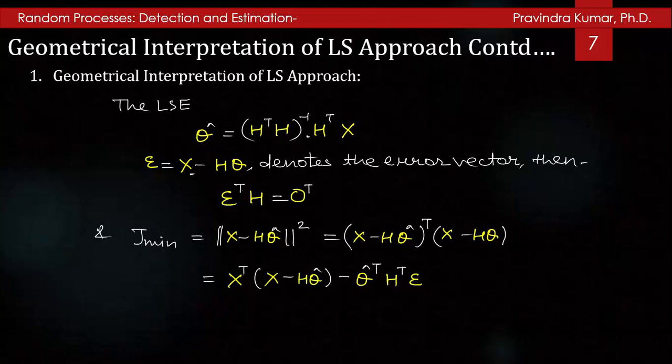And I can write it as x^T (x − Hθ cap) − θ cap^T H^T ε, and I can write it as x^T x − x^T Hθ cap, and it will be x^T [I − H (H^T H)^(-1) H^T] x.